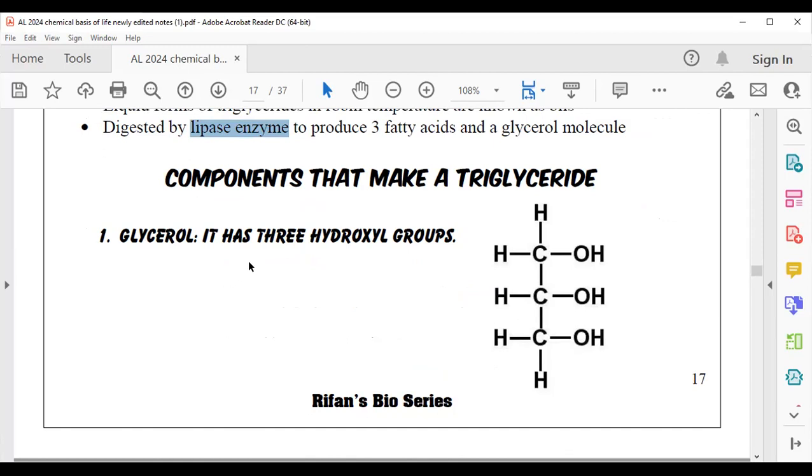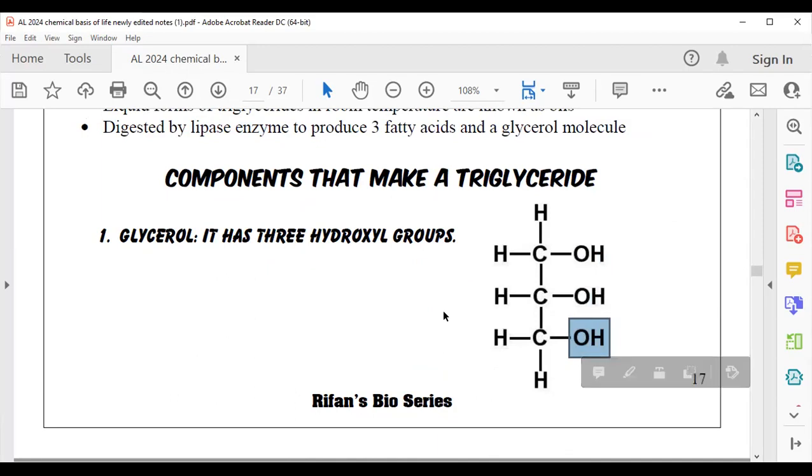Now it is time to introduce one by one. First I am introducing whose structure? Glycerol. It is this molecule. This group is called a hydroxyl group.